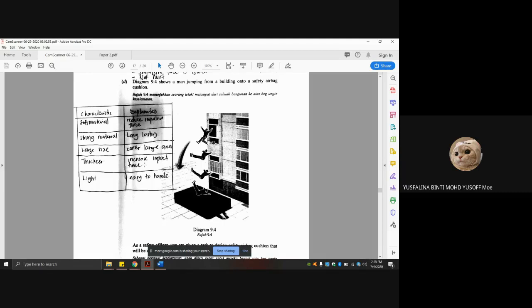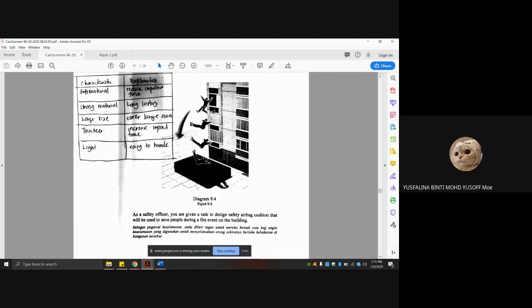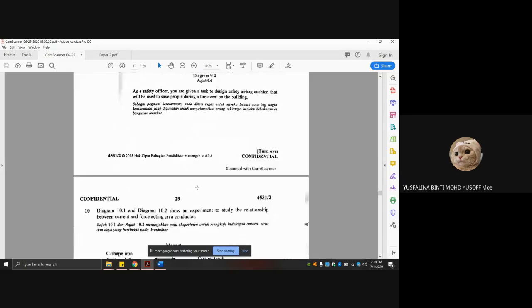It's still correct, but make sure you don't use it more than 2 times in the question. Then light, so easy to handle or easy to carry. If you got this one, it's quite easy.